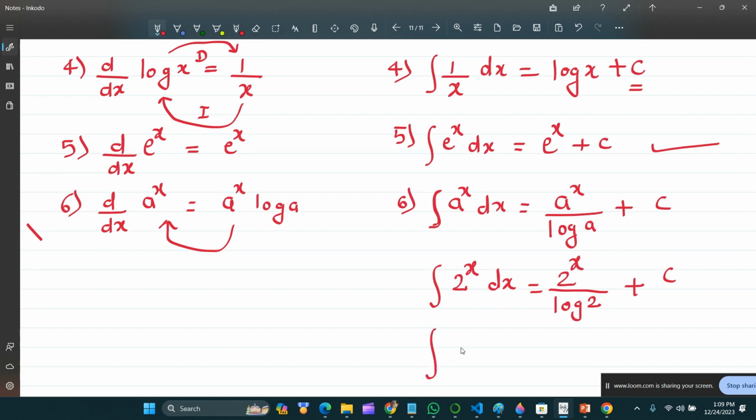Similarly, if there is integration of 5 raised to x dx, the answer will be 5 raised to x divided by log 5 plus c. So in this way we can apply this formula.